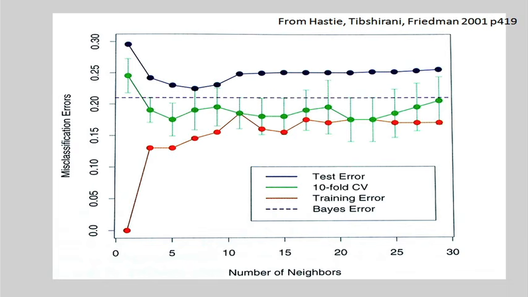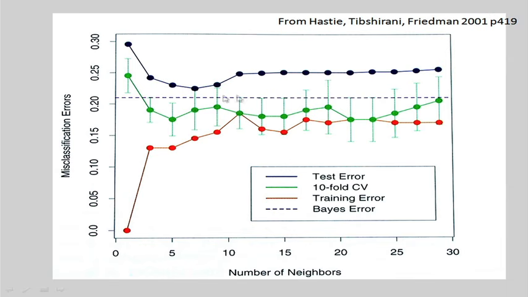Now, let us look at the next diagram on the slide. The x axis is the number of neighbors. The blue line is test error, the green line is 10-fold cross validation error, and the red line is training error.